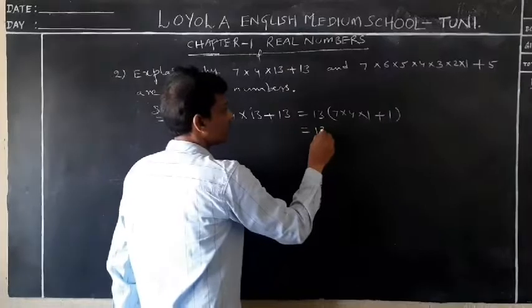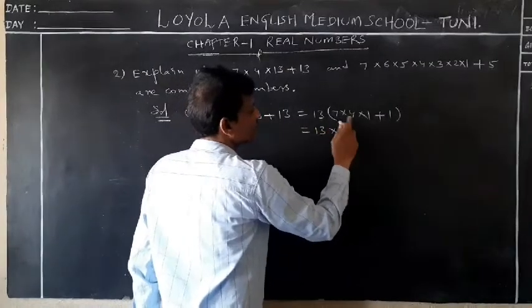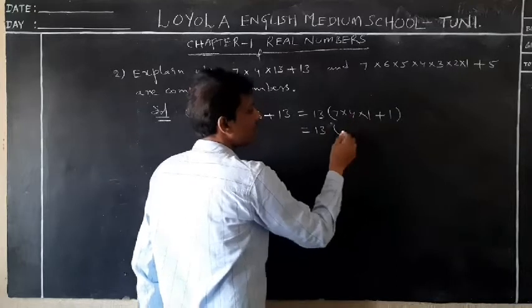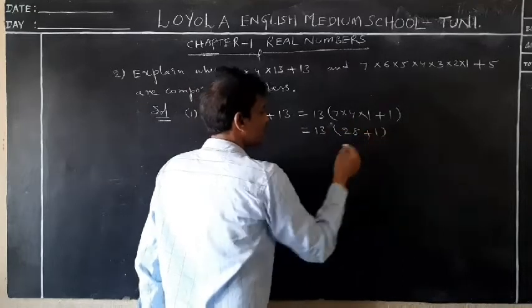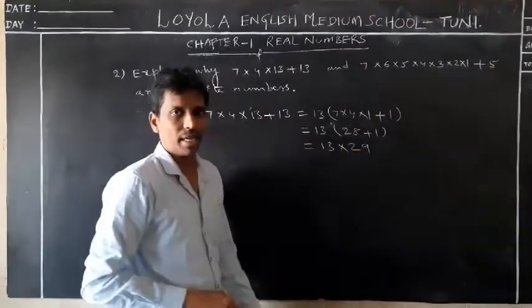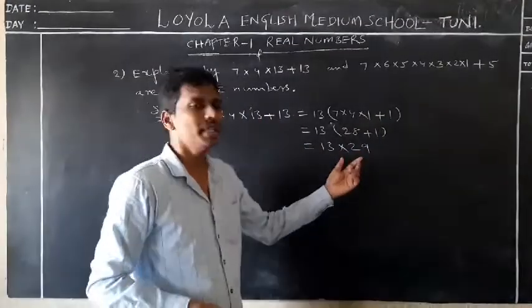So that is equal to 13 into 7 4s are 28, 28 ones are 28 plus 1. That is equal to 13 into 29. Here we need not multiply this product. Why?